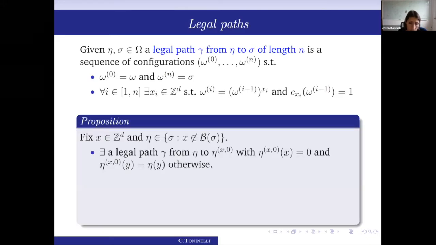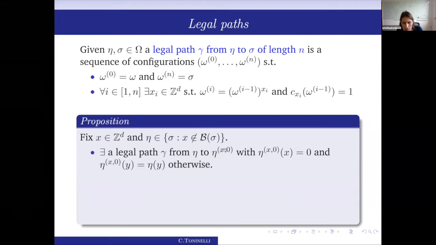So a very simple observation is the following. If I have a configuration and I pick a site in that configuration which is not contained in the backbone of this configuration, namely, such that if I apply the infinite iteration of the Bootstrap map, at the end this site will be emptied, then necessarily there exists a legal path, so a path of configuration changes allowed by the constraints of my dynamics, which brings me from the initial configuration to a final configuration in which the chosen site has been emptied.